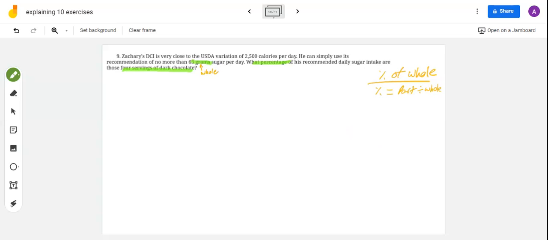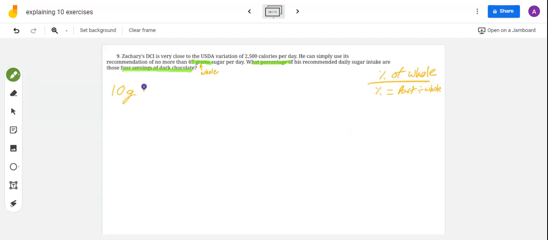All right. And for very obvious reasons, I went over this in our question with Caroline, right? So, like Caroline, we're going to take our amount of sugar from the dark chocolate, which was 10 grams.